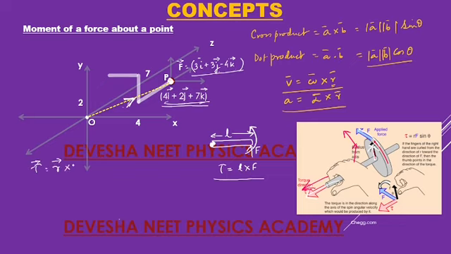R is the positional vector, 4i plus 2j plus 7k, and F is 3i plus 3j minus 4k. We need to compute this.